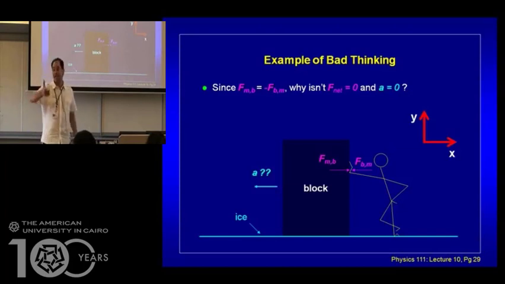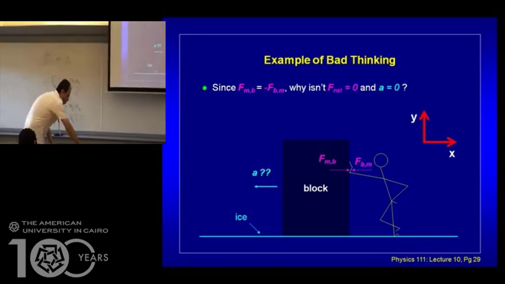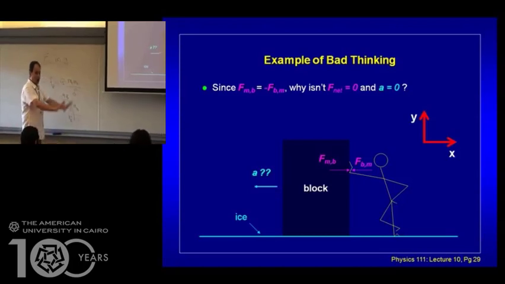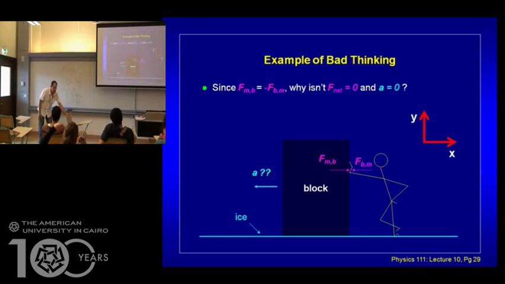I'll say it again. One more time, I'm going to assume that we are on ice. And I'm just standing, not pushing, just leaning on that chair. And of course, because there is ice, that chair will move.